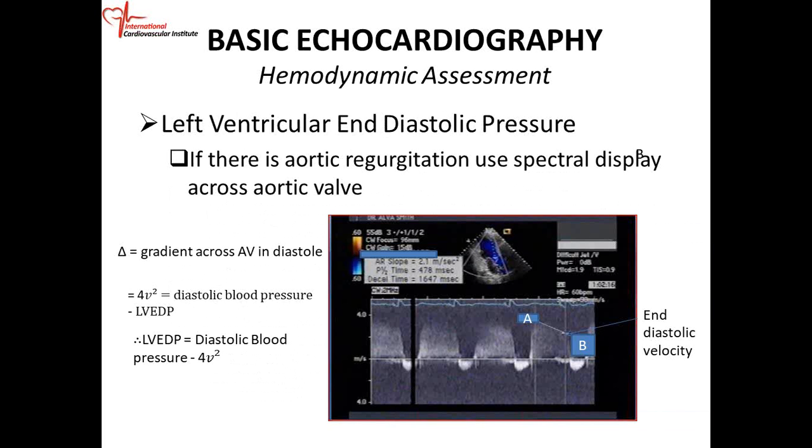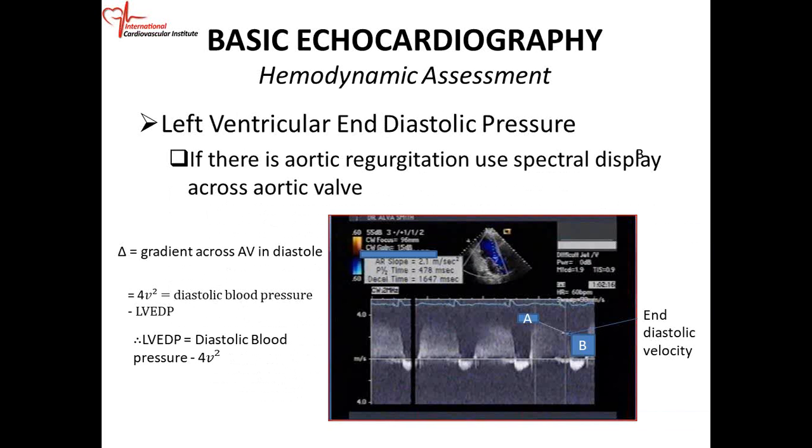So let's look at it again. If you have aortic insufficiency, if you have aortic regurgitation, what that's telling us is that you have flow of blood from the aorta across the aortic valve into the LV.